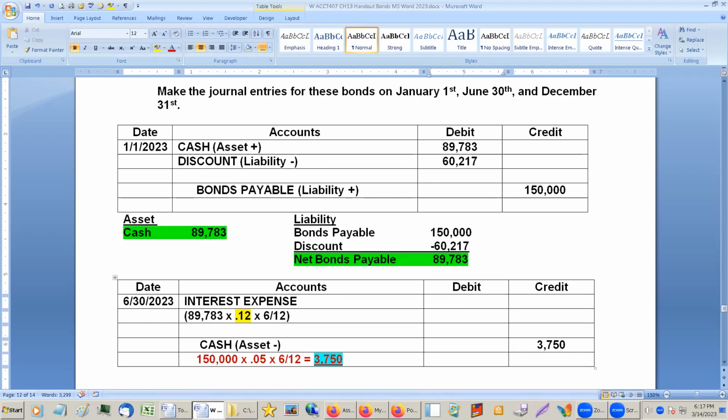Let me put that in here. 53.87. I should probably put that down here.